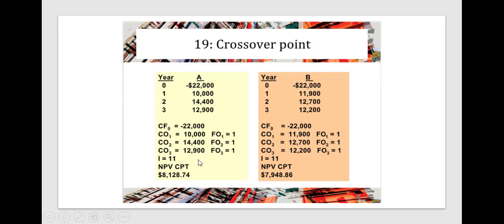Since project A has a higher NPV at a discount rate less than the crossover point, project A should be accepted at a discount rate less than 20.14%, and project B will be accepted at a discount rate higher than 20.14%. Right, so this is what the crossover point indicates.